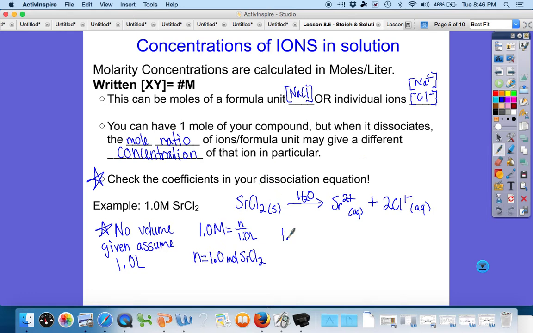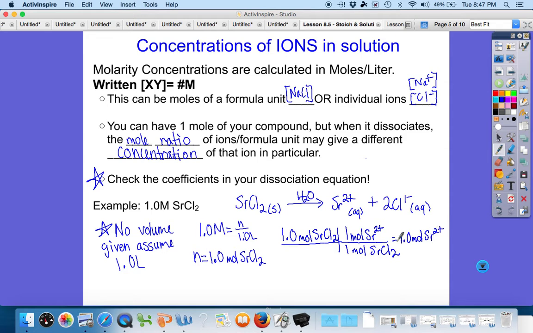So if we have 1 mole of strontium chloride, in our dissociation equation we have 1 mole of strontium chloride and we have 1 mole of our strontium ions. That's going to give us 1 mole of our strontium ions.